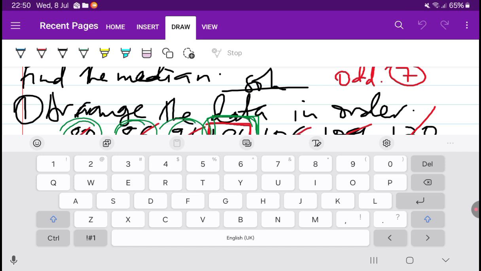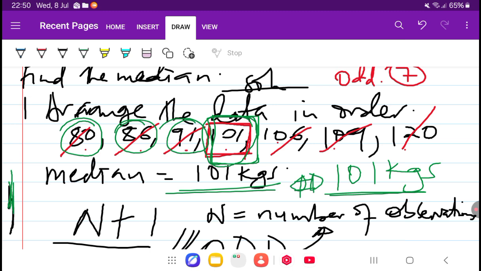So I want us to look at a simulation that looks at the data set when it is even.